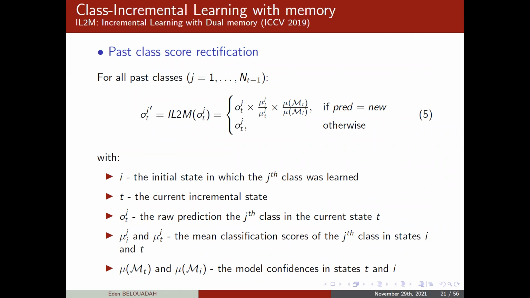We have the formula 5, an equation, and we remark that with such a mathematical tool, we have very good score rectifications. Why not affect it by some factor?